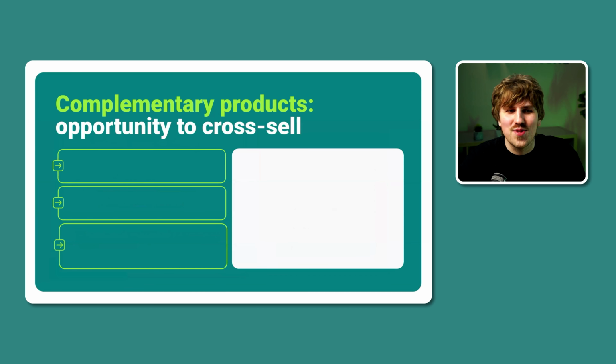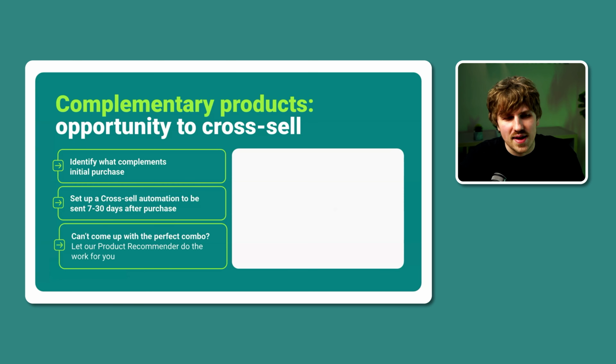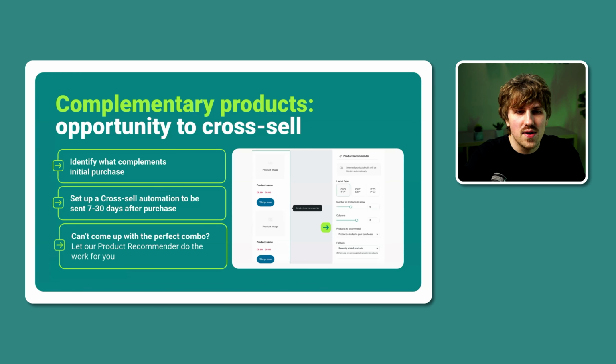Another automation, which is definitely underused, and I would like all of you today to create this one as well, is cross-sell automation. So you have to identify a certain product or collection that you have that complements a certain purchase.